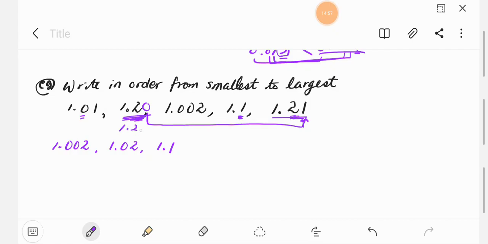If it's nothing, then just assume there is a 0 here so that you can compare these two. So 0 is less than 1, so 1.2 is less than 1.21. So we just wrote these numbers in order from smallest to largest.